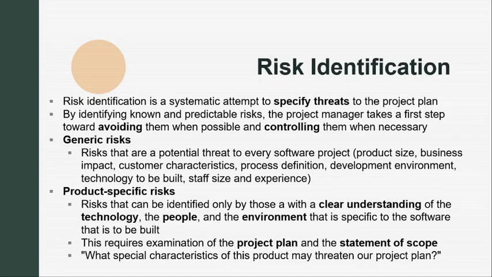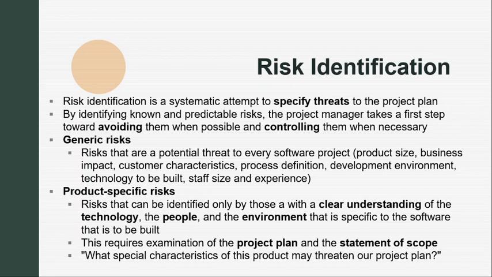With respect to our topic, risk identification is a systematic attempt to specify the threats to the project plan. By identifying the known and predictable risks, the project manager takes the first step towards avoiding them when possible, and then controlling them.